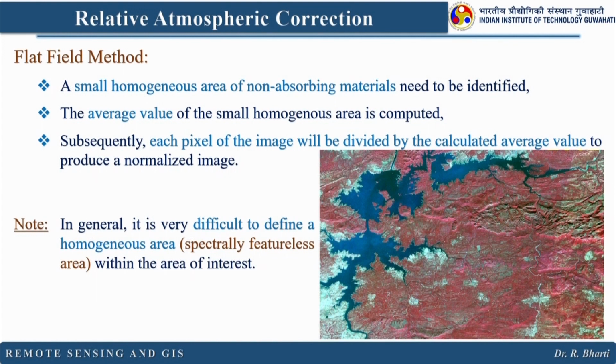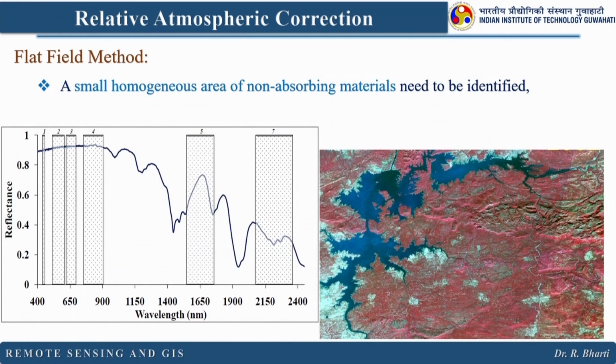In general, it is very difficult to define a homogeneous area which has a non-absorbing characteristic in the wavelength. Suppose you are going to correct this fourth band. It does not matter what material it is, as long as you know it does not have any absorption feature here, so it will be a straight line or close to a straight line.